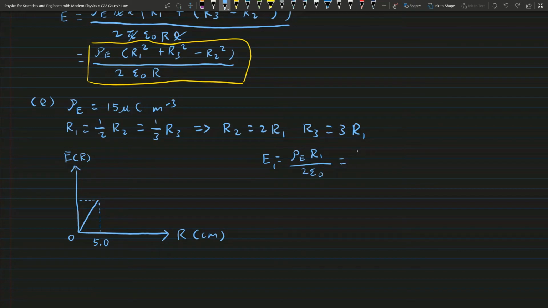So this equals 1 by 10 to the negative 6, and we have 5.0 cm over 2 epsilon.